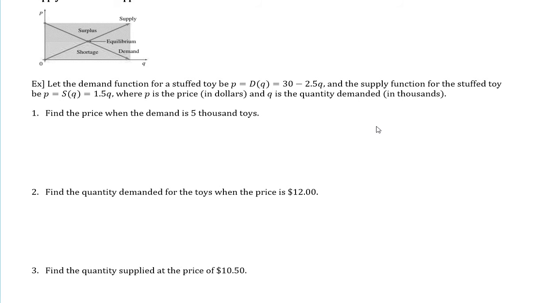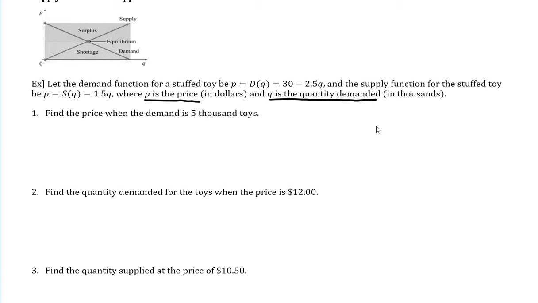So in this example, it says, let the demand function for a stuffed toy be P equals D of Q equals 30 minus 2.5Q, and the supply function for the stuffed toy be P equals S of Q equals 1.5Q, where P is the price in dollars and Q is the quantity demanded.